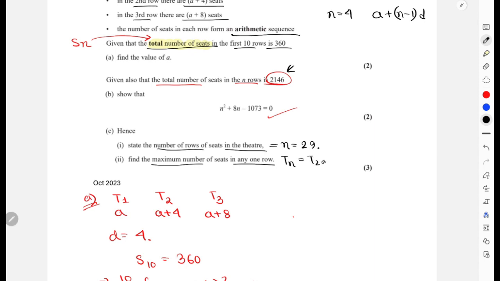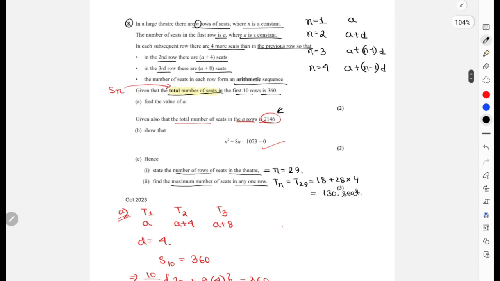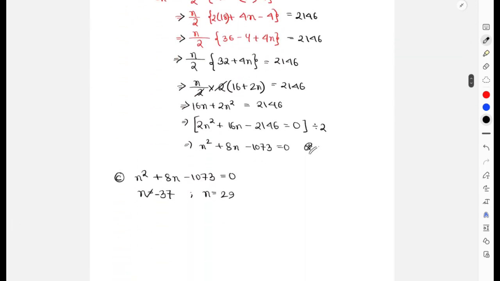For that, T29 is going to be a plus n minus 1 d. For the value for a, you got 18. n minus 1 this time is going to be 28, 29 minus 1, 28. 28 multiplied with your common difference, which was 4. If we calculate that, that should be 130. So in that case, at the 29th row, there are 130 seats. So yeah, with this, our ABC ends.